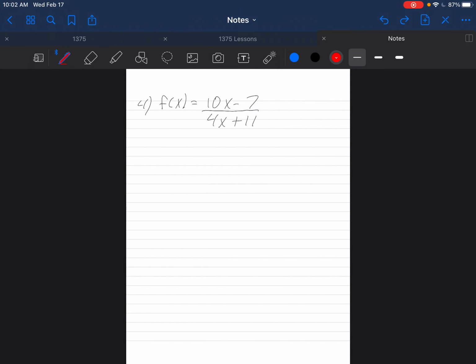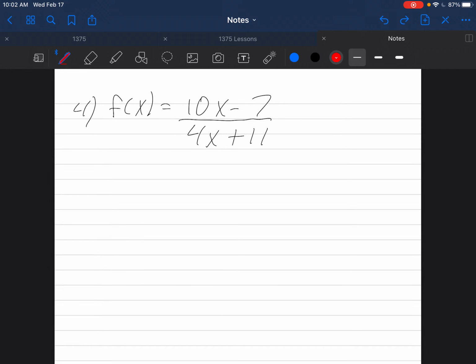Last one is a little bit more involved here, but we're going to start out exactly the same way. First, setting y equal to 10x minus 7 over 4x plus 11.